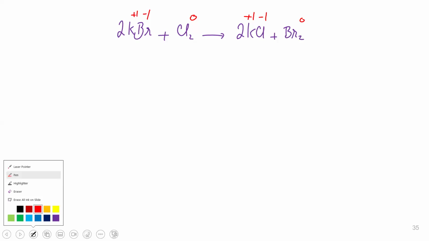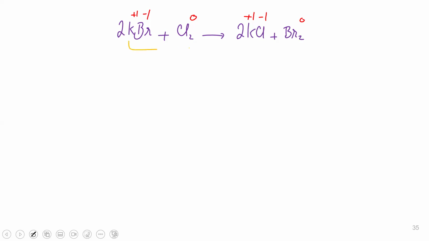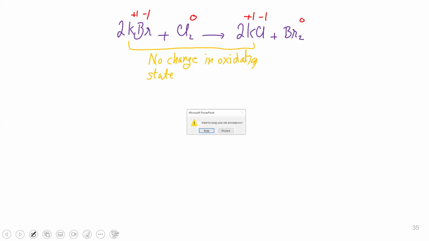Now we notice about K plus: no change in oxidation state.